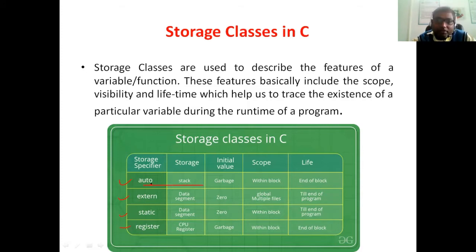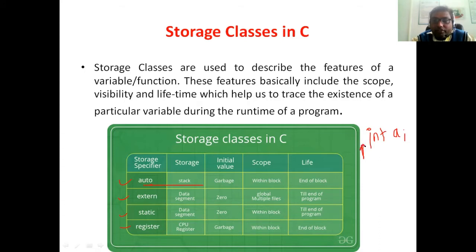For example, if I have written int a, so what it means is that a is a variable of integer type, which holds an integer value. I haven't mentioned any type of storage class in front of the integer.